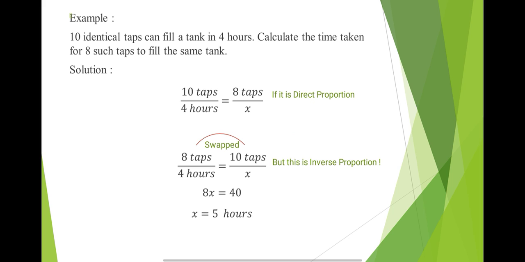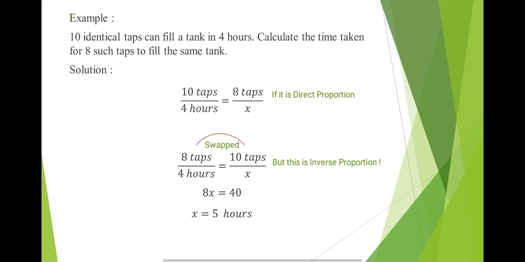So for example, for taps, we put them on top while the hours go on the bottom. It can be the reverse also, so hours on top, taps on the bottom. Now that is for direct proportion. What's the difference in inverse proportion is, because it is inverse, we need to swap the top one.